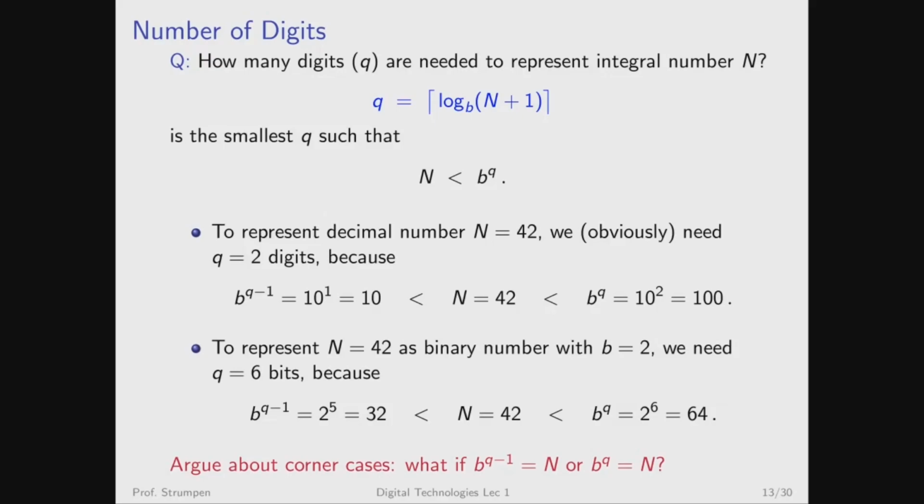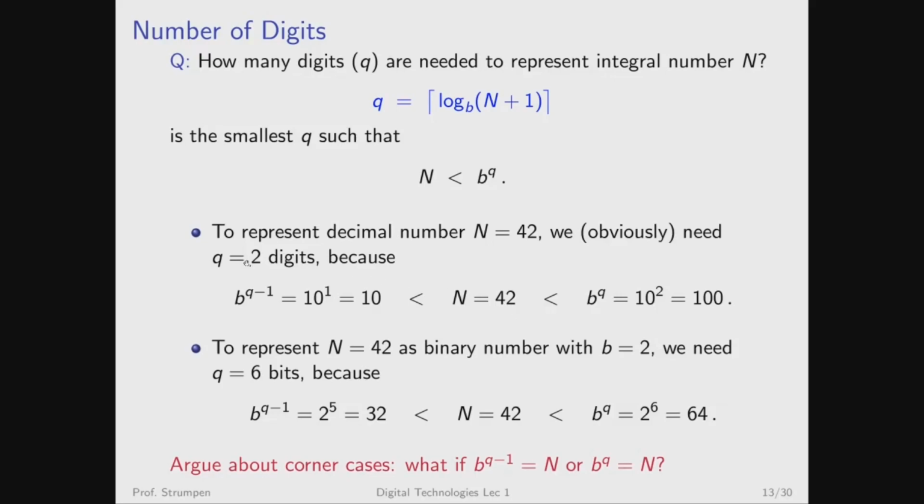But why is it 2? Right? If we had just 1 digit, then 10 to the power of q, 2 minus 1 is 1, is 10, which is not larger than 42. In fact, it's strictly smaller than 42.